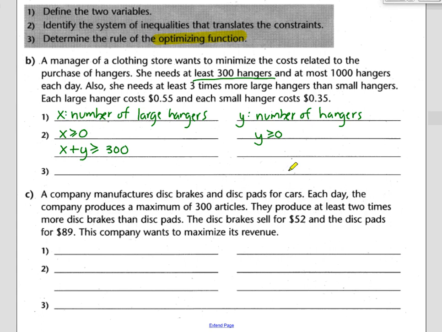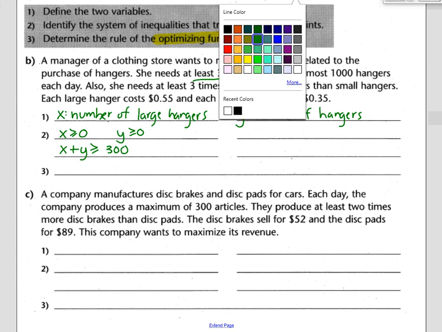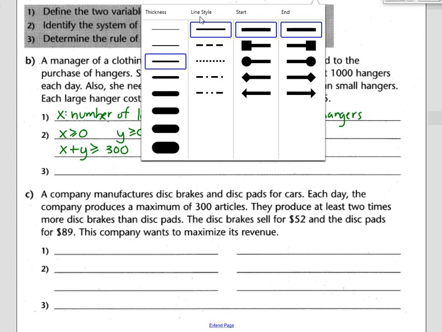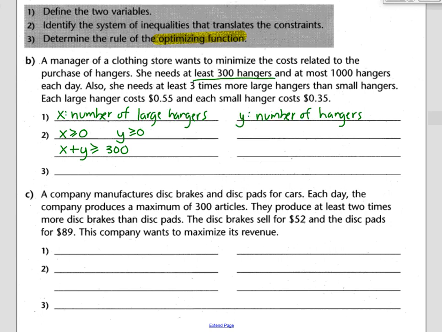And what I'll do is I'll just put this over here. They're also telling you that you have at most 1,000. So at most 1,000, you would write it like this: x plus y is at most 1,000.